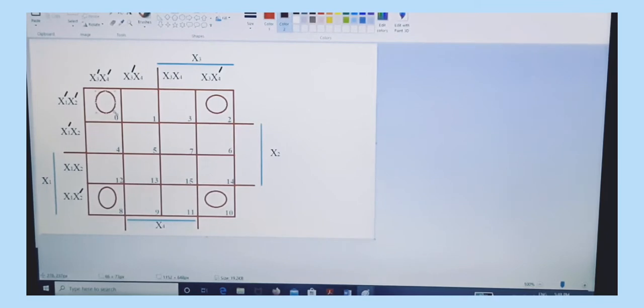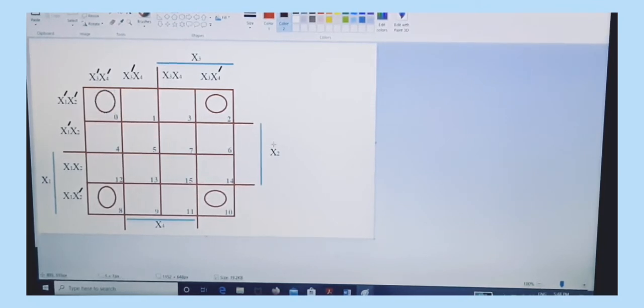Suppose if you have these four cells, we can combine these corner four cells together and we can minimize. How to minimize this? You see now the first row and fourth row are corresponding to x2 dash.